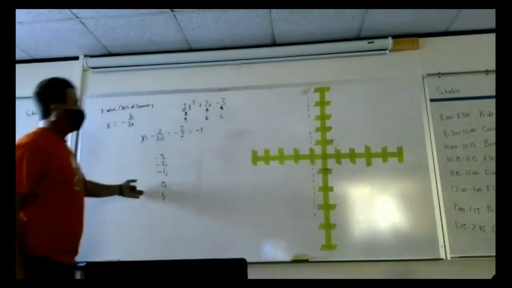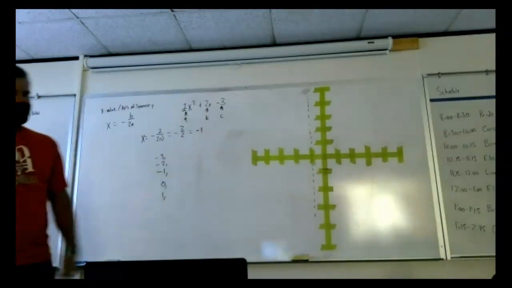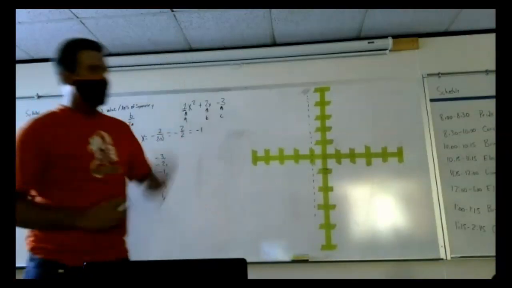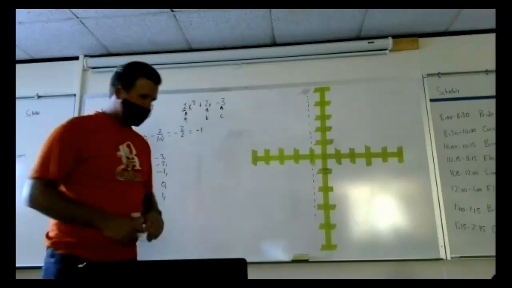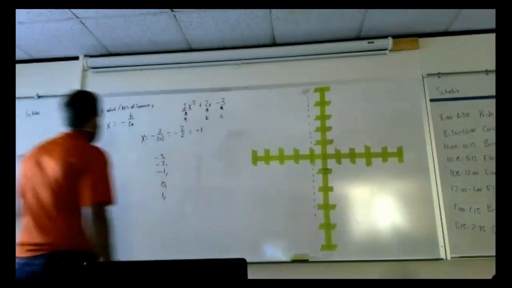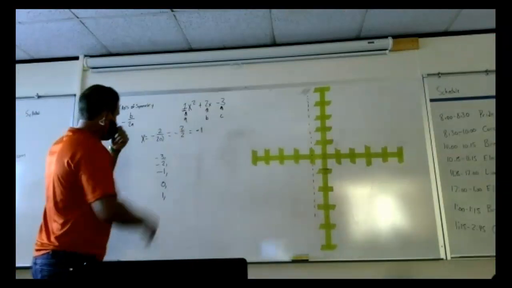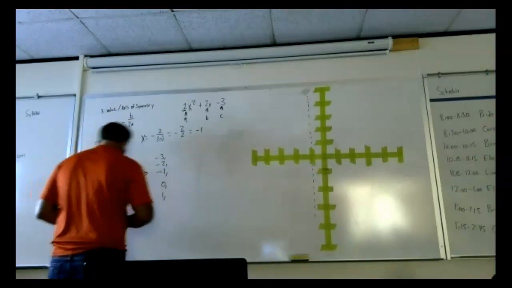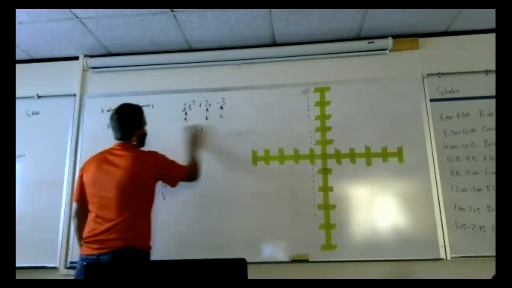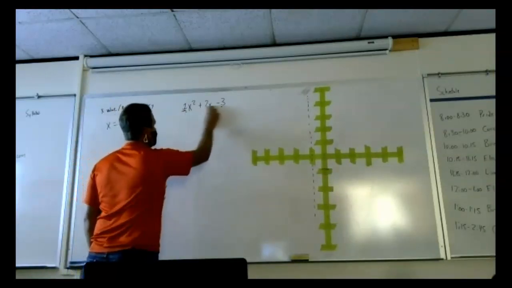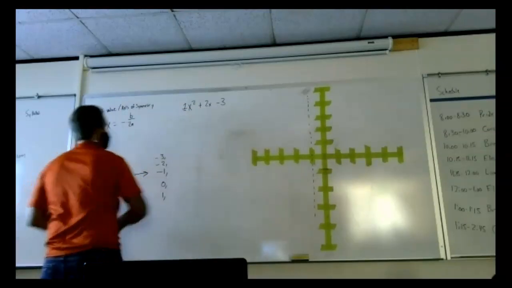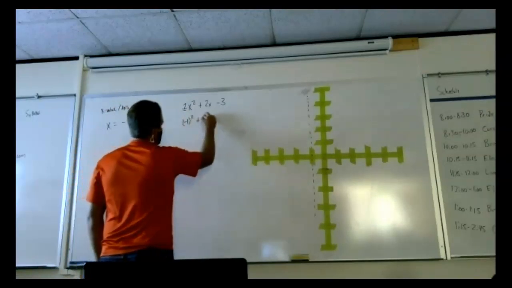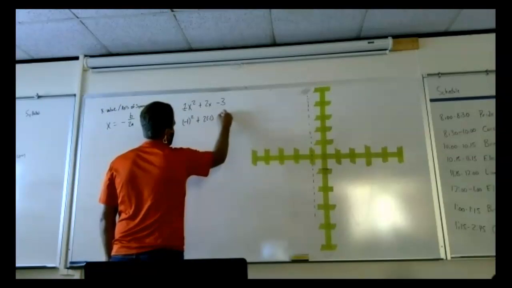I've picked out my 5 points, but the next thing I've got to do is figure out where my vertex falls. What's the y value of it? Because that determines the maximum number or the minimum number. In this case, it's going to be the minimum number because my graph is going to be opened up. In order to do that, I'm going to take this -1 that I got from my vertex, and plug it into my original equation. So I'm going to be left with -1 squared plus 2 times -1 minus 3.